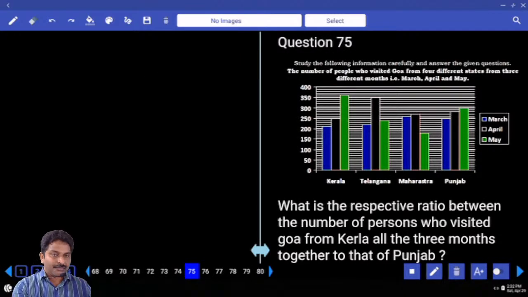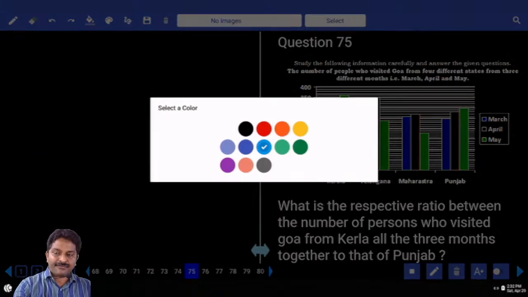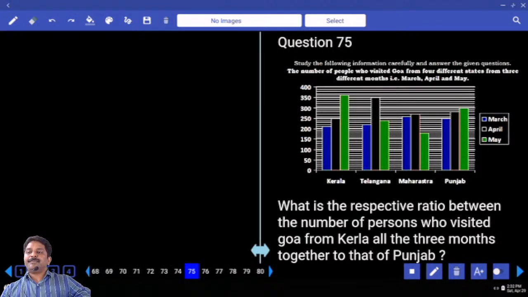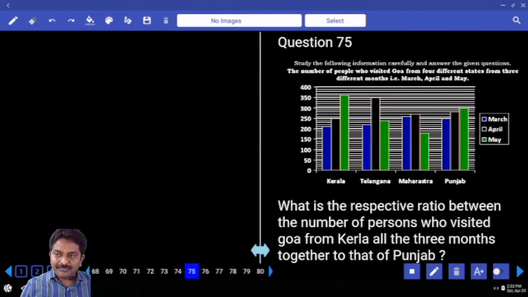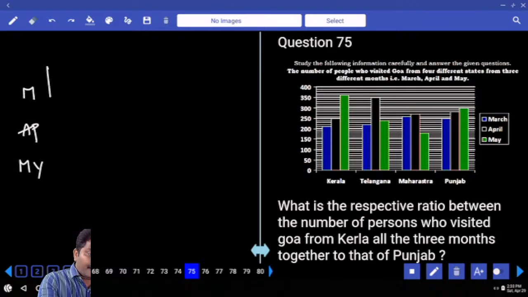Right. So now we have another data. The number of people who visited Goa from 4 different states in 3 different months, that is March, April and then May.